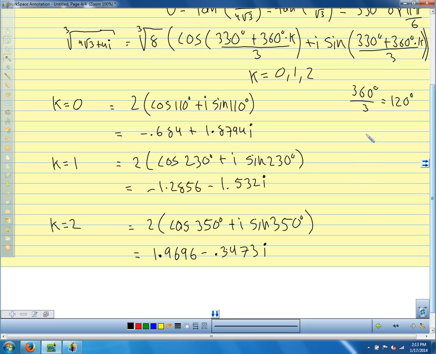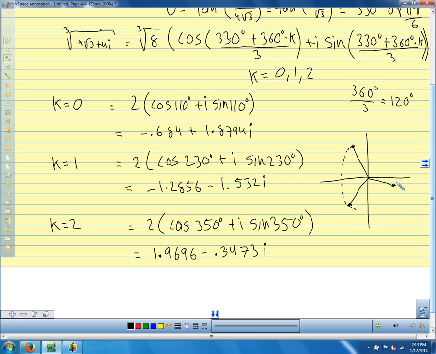So if I plot this in the complex plane, my first one would be up, it's not exact, but somewhere about here. My second one would be down here. And my third one comes out to be here. So I'm around this circle.